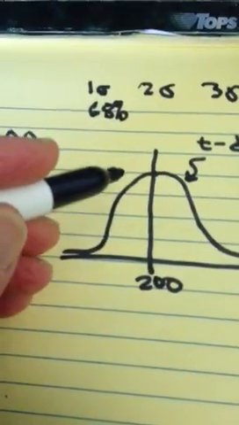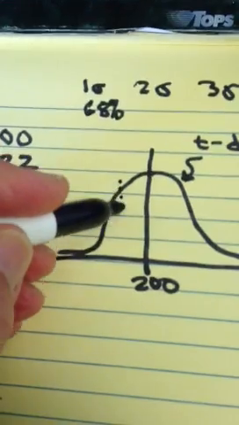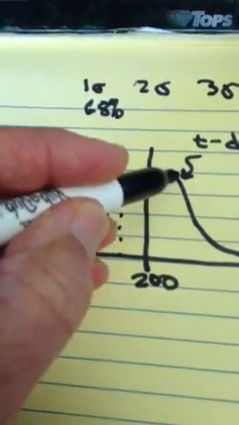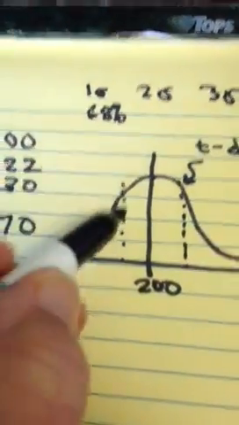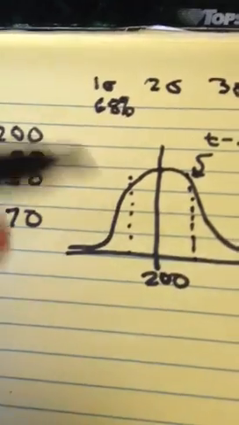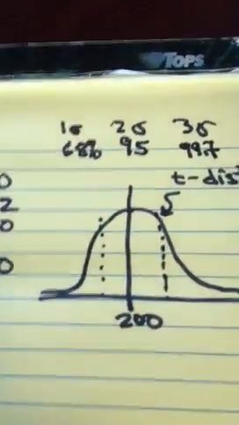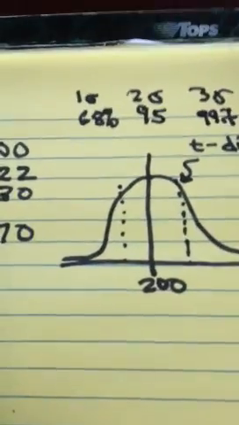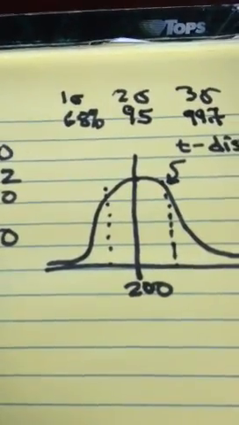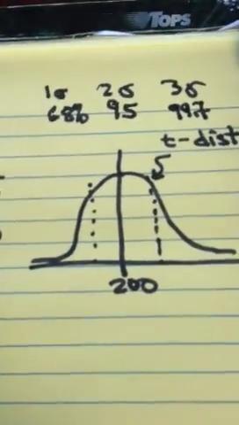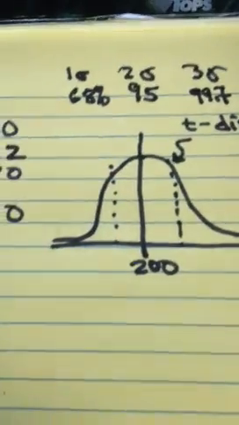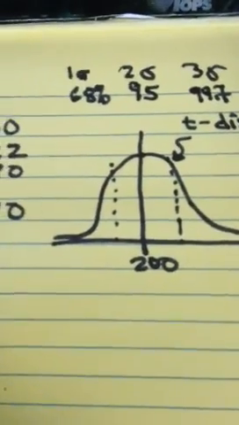So if we have plus or minus 1 sigma here like this, plus or minus 1 standard error, okay, that's going to be 68% of the whole distribution. 2 sigma is going to be 95%, and 3 sigma is going to be 99.7%. Do you remember this? Should remember that. But that's kind of like how many inches in a foot, how many feet in a yard, etc. for other kinds of things. So this is just fundamental knowledge about statistics.